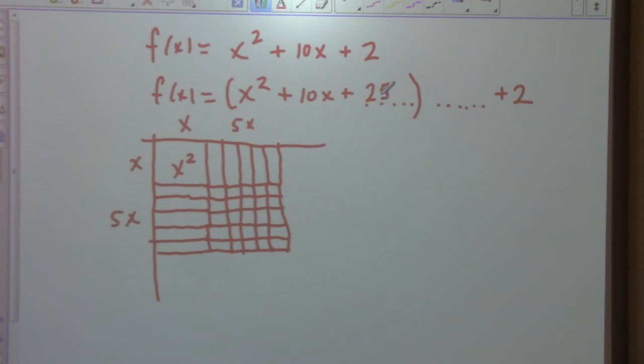And since we added 25 over here, what do we have to do over here? Subtract. We have to subtract to preserve the integrity of equality, right? Because if we added 25 here, we have to subtract over here. Yeah. And so now we have a perfect square trinomial that we can deal with.